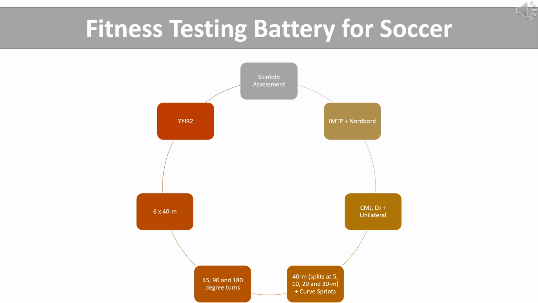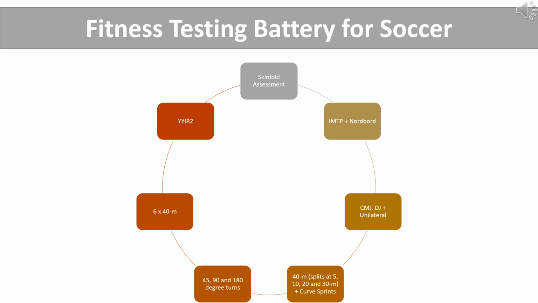So I might run the unilateral counter movement jump alongside my bilateral counter movement jump and drop jump. And that would give us an understanding of lower body slow stretch shortening cycle ability, lower body fast stretch shortening cycle ability, and unilateral slow stretch shortening cycle ability with an understanding of asymmetry between limbs as well.